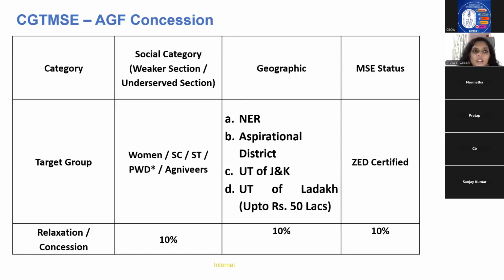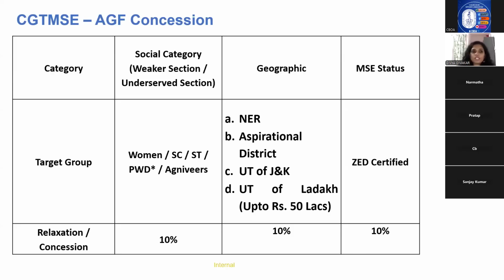Then coming to this, some categories are given an annual guarantee fee concession. There are three classifications. One is social category, another is geographic category, and third is MSE status wise.